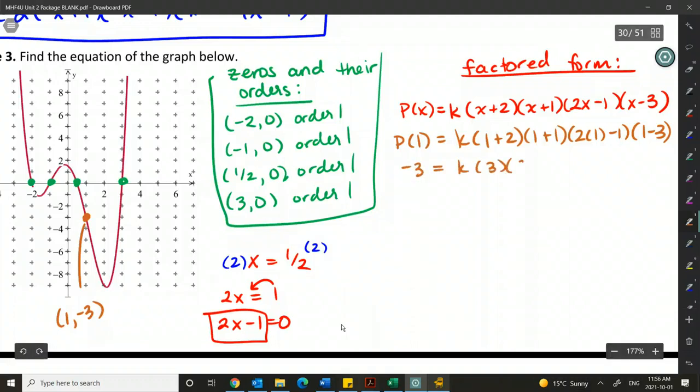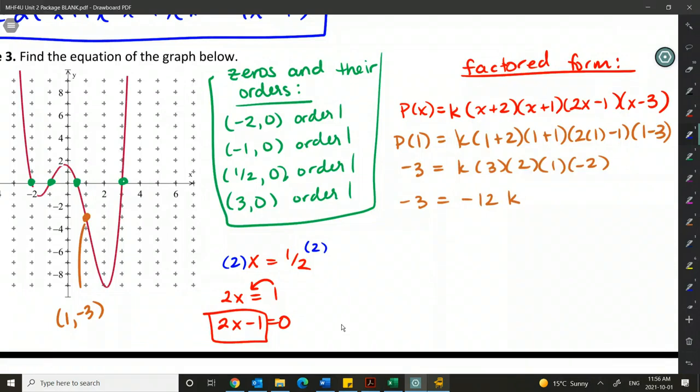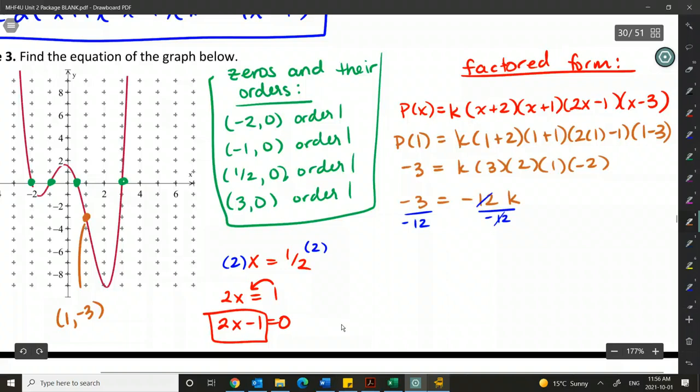So I'll get 3, 2 minus 1 is 1, -2. So -12, okay. This is not 4, right? I have to divide -12 out. And then I reduce the fraction. That gives me 1/4.